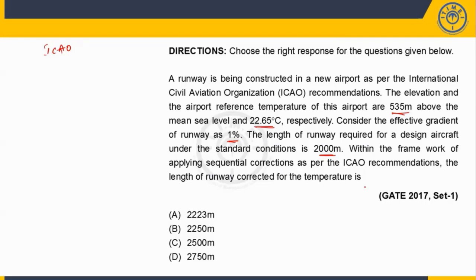Before doing the correction for temperature, we first need to do the correction for elevation. Correction for elevation is a 7% increase in length of runway for every 300 meter above MSL.